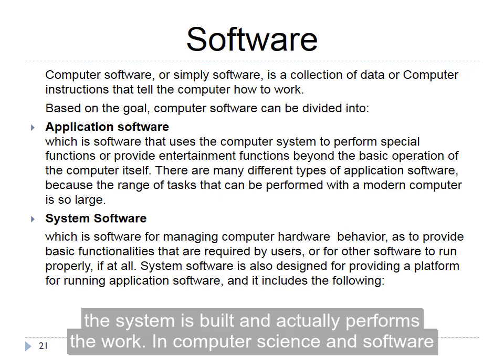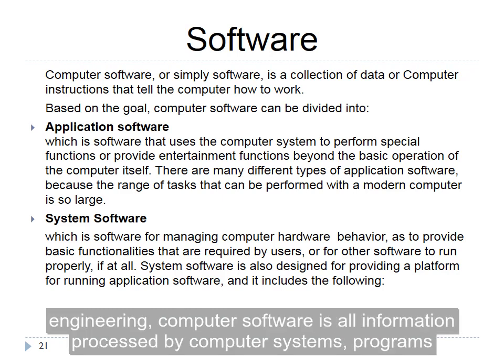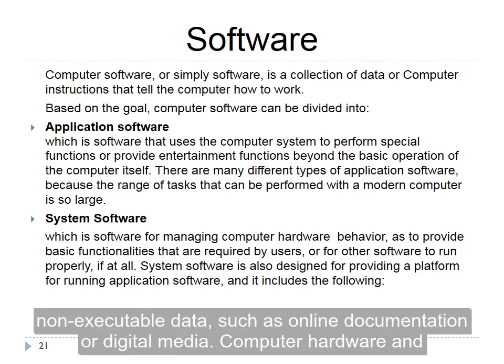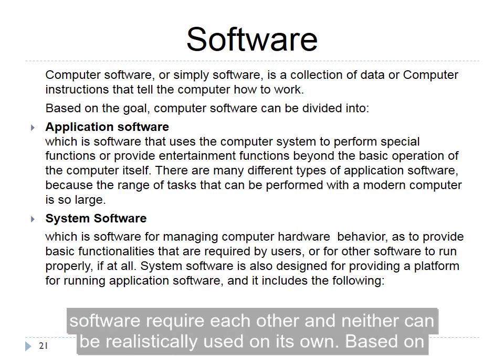In computer science and software engineering, computer software is all information processed by the computer systems, programs, and data. Computer software includes computer programs, libraries, and related non-executable data such as online documentation or digital media. Computer hardware and software require each other, and neither can be realistically used on its own.